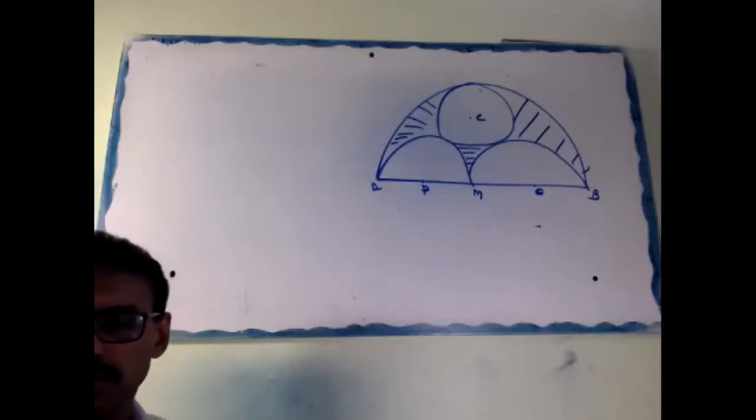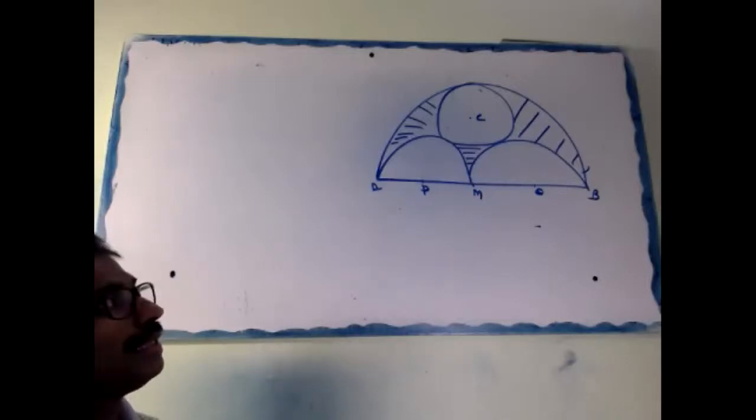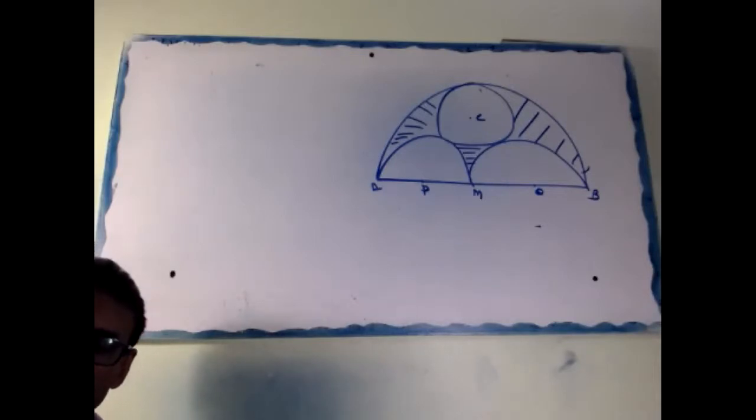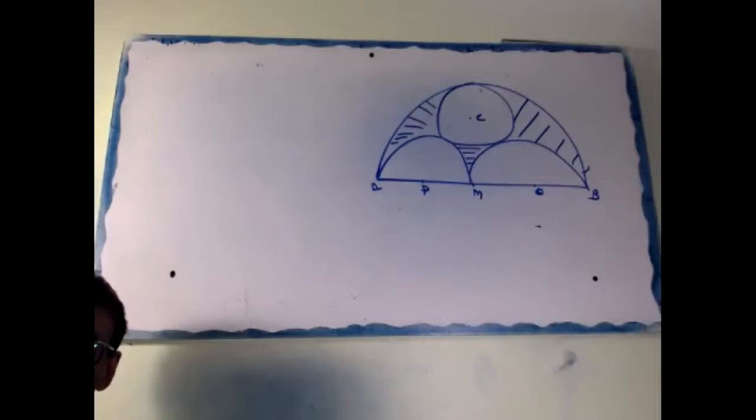Come on, guys. Draw a perpendicular from C on AB. Then make a perpendicular from C. Join PC and OC.